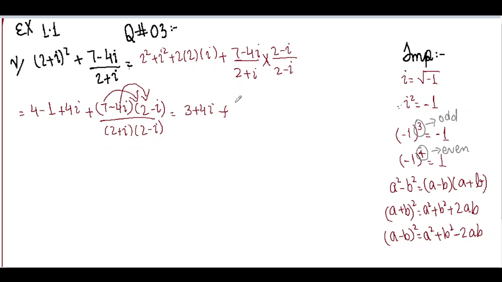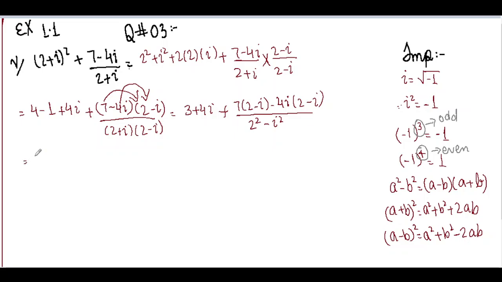So it becomes 7 into (2 − ι) − 4ι into (2 − ι) whole divided by, here is the formula of (a + b) into (a − b). We have read it again and again. It is equal to a² − b², where a is 2 and b is ι. So 2² − ι².